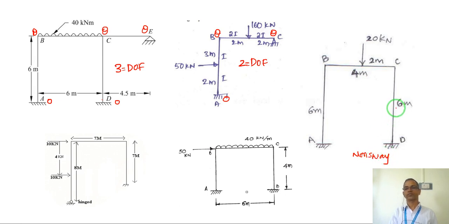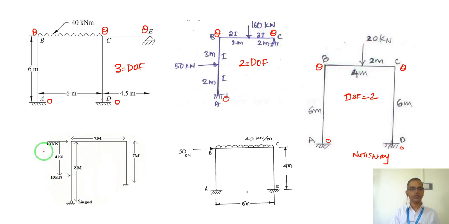Here entire joint A is restrained, so 0 degrees of freedom. Joint D restrained, 0 degrees. Joint B only has a rotation. Joint C has only rotation. So total degrees of freedom is 2.